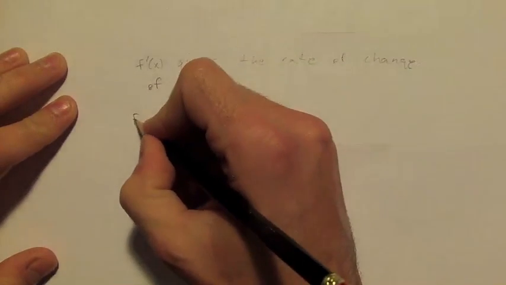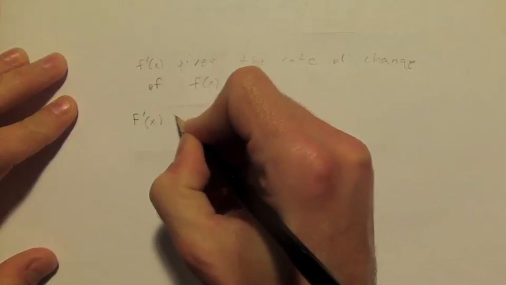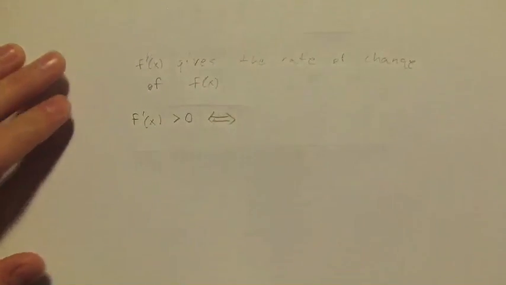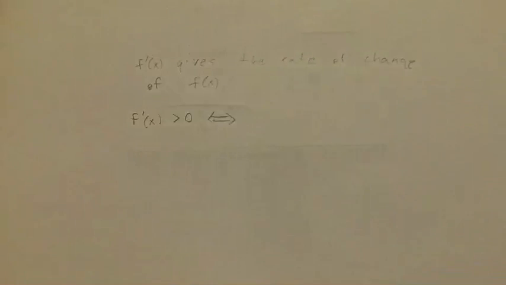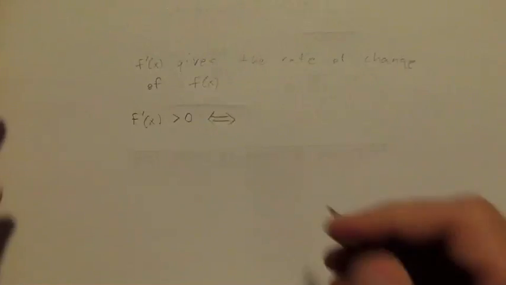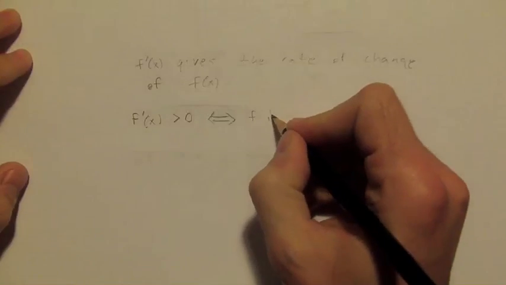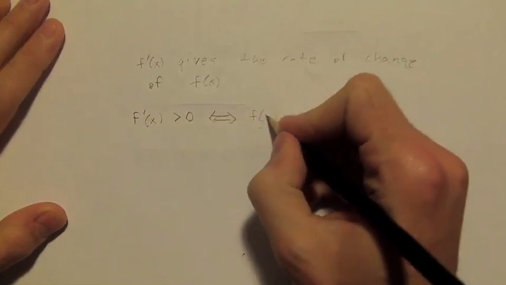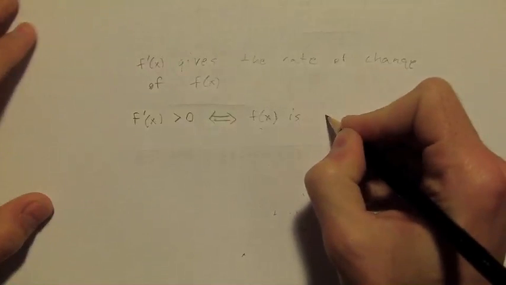If f prime of x is positive, what does that tell you about the function itself? If you get a positive derivative, that tells you that f, the original function f of x, is increasing.